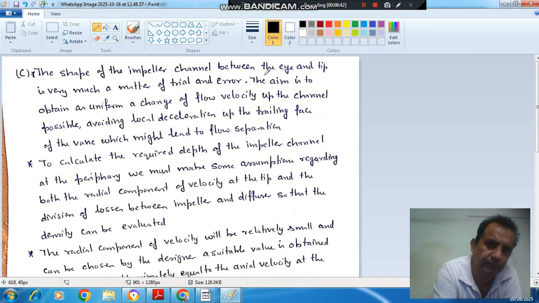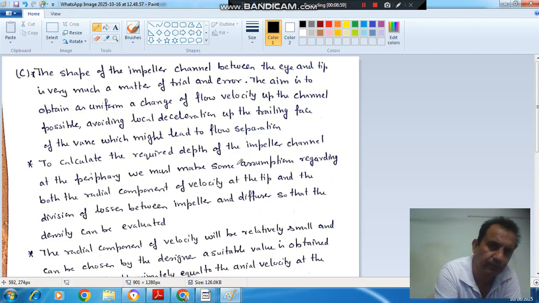The shape of the impeller channel between eye and tip is very much a matter of trial and error. The aim is to obtain as uniform a change of flow velocity along the channel as possible, avoiding local deceleration of the trailing face of the vane, which might lead to flow separation.